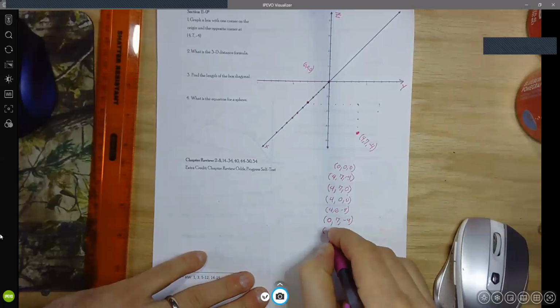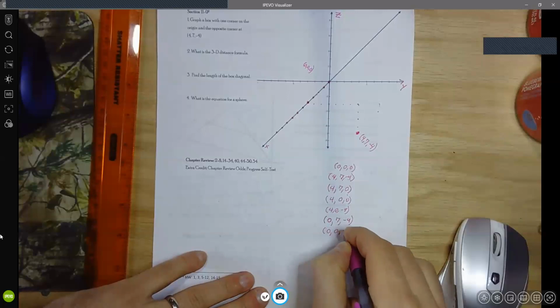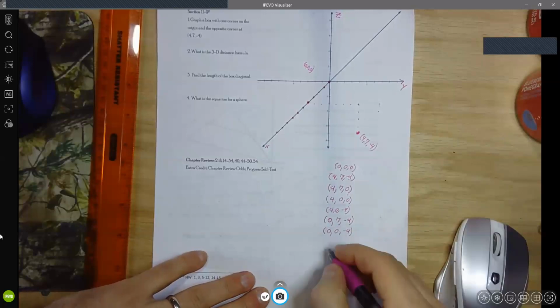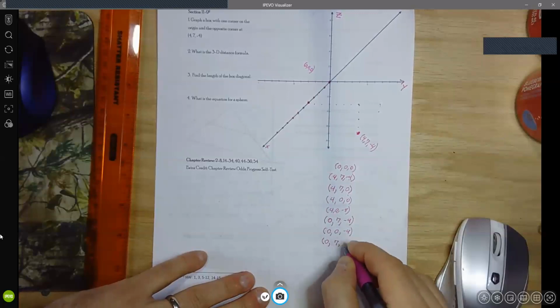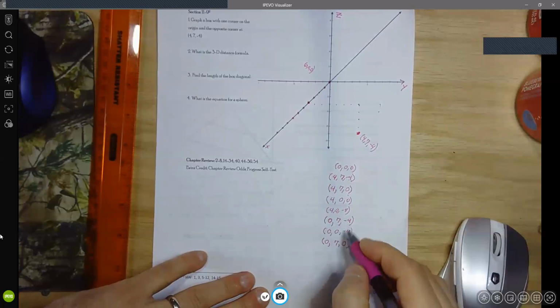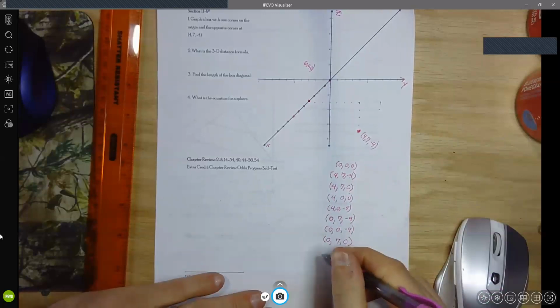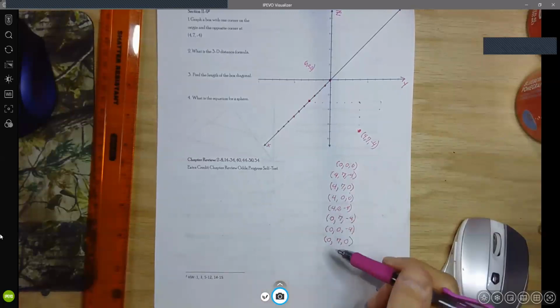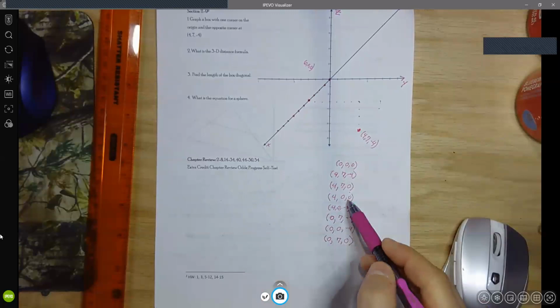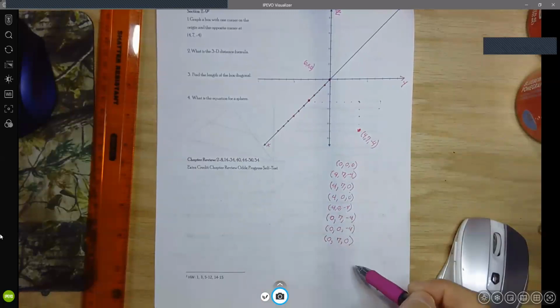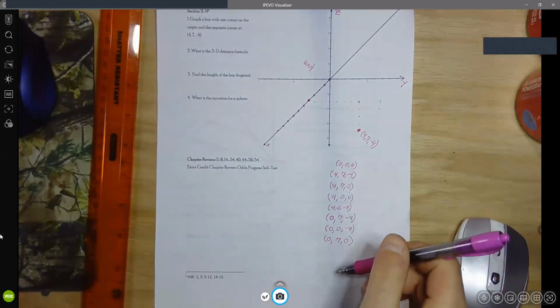I can do 0, 0, -4. Then I can do 0, 7, 0. And I already did 0, 0, 0. That's the top one. So I have 1, 2, 3, 4, 5, 6, 7, 8. Those are the 8 vertices of my box.